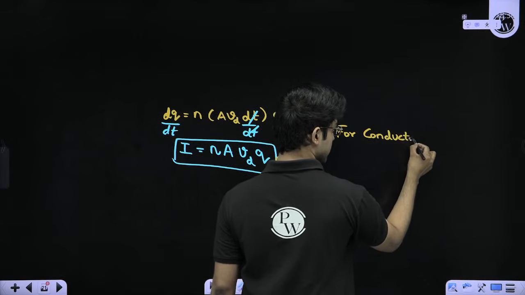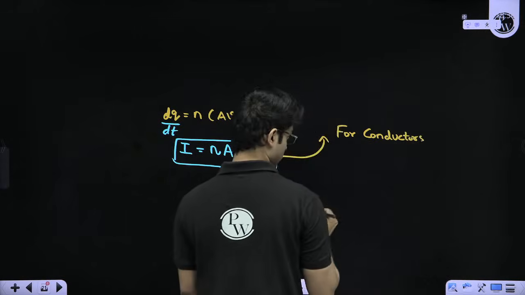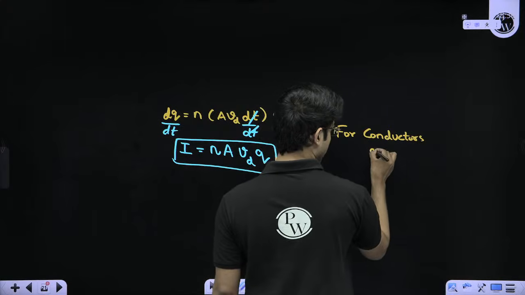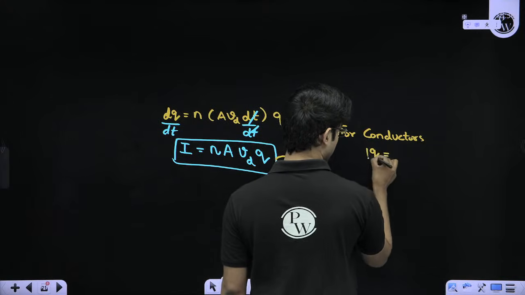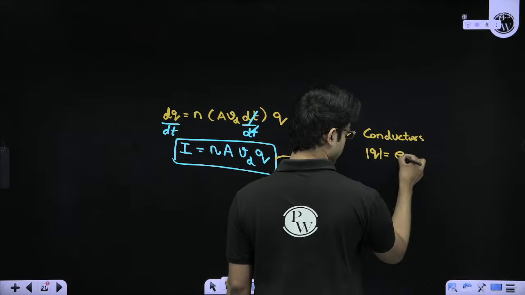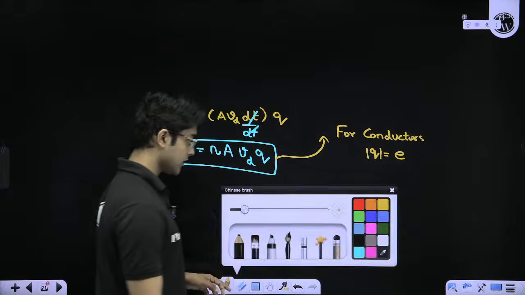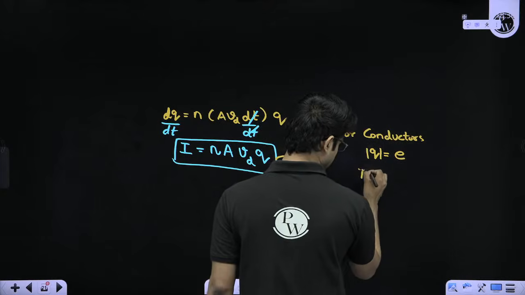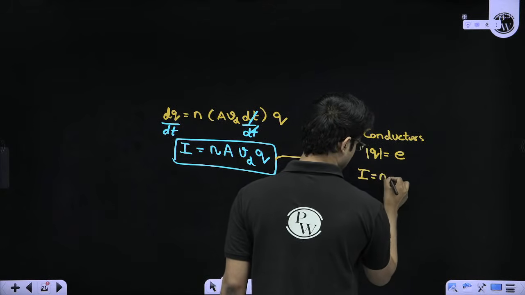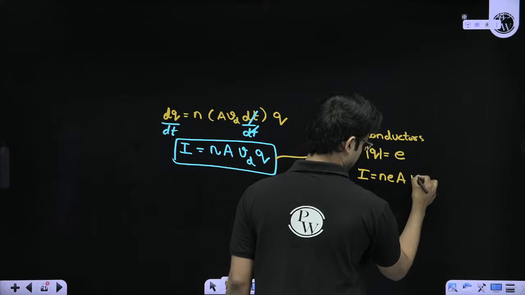which are the charges that are moving? Electrons, right? So Q will be equal to e. Magnitude of the charge will be equal to e, charge of one electron. Okay. So the formula will become I = neAVd.